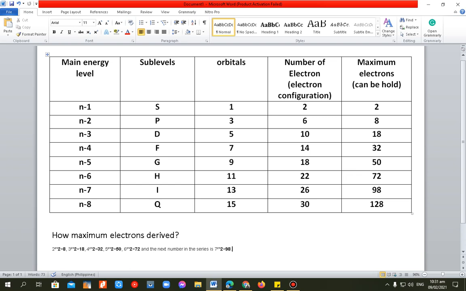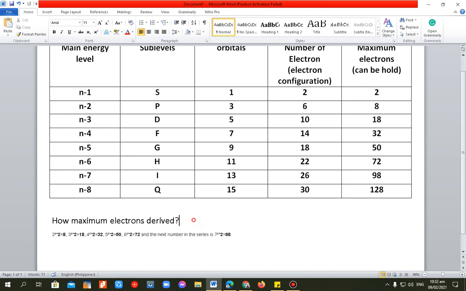Ito kasi yung 2, 6, 10, 14, 18, 22, 26, 30, gagamitin nyo po yan sa electron configuration. So, paano nakuha ito is that 1 times 2 equals 2, 3 times 2 is 6, 5 times 2 is 10, 7 times 2 is 14, and so on and so forth. Yan po. And then, yung maximum electrons can be held, kung paano nakuha to, o paano na-derived, meron na po ditong formula kung paano to just analyze this, how maximum electrons derived.